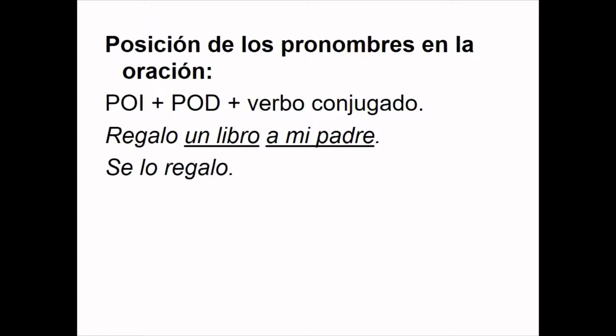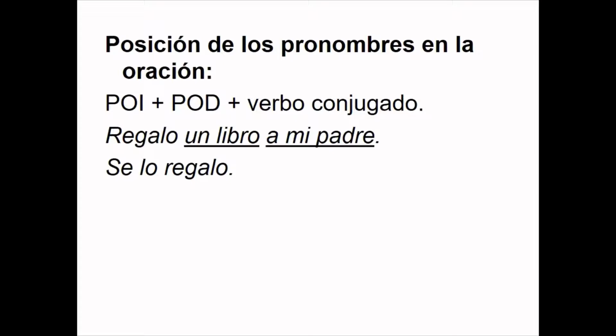Un libro is replaced by the direct object pronoun lo. A mi padre would be le. But since le coincides with lo, it becomes se. In the video about the indirect object pronouns, we have explained this in detail.